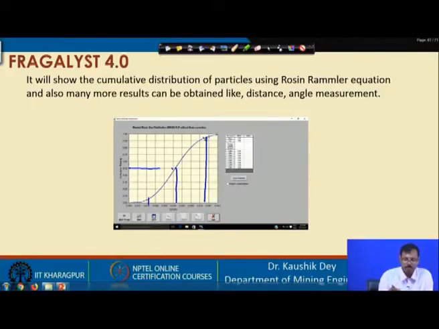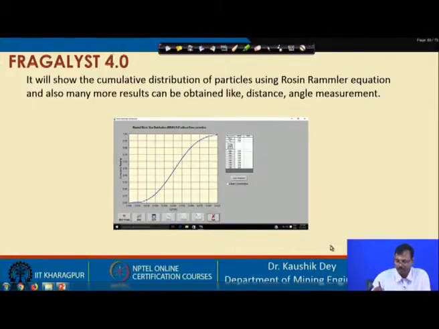One minute, let me clear it again. This is the K20, this is the K50, and this is the K80, which may be achieved from this size distribution curve. So, this is the Fragalyst software.